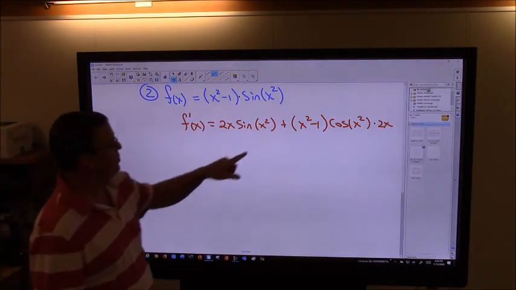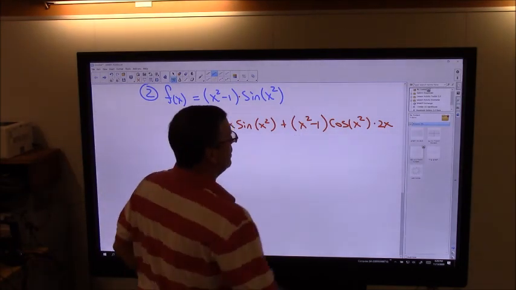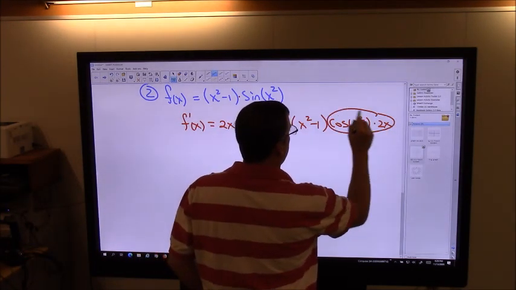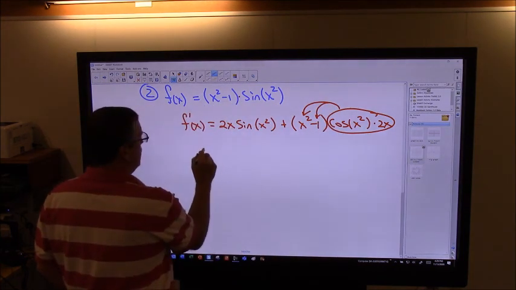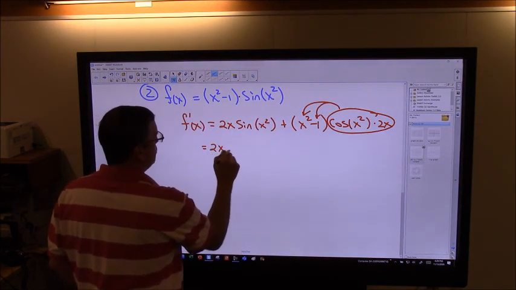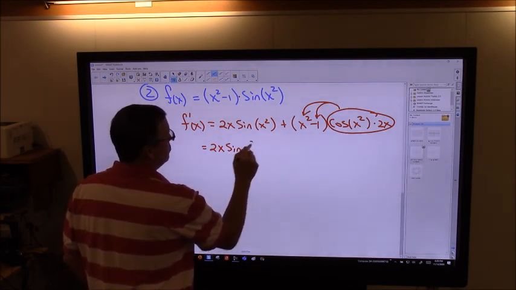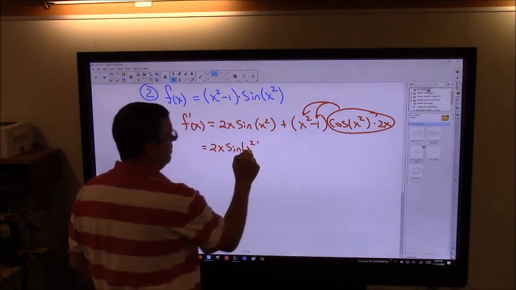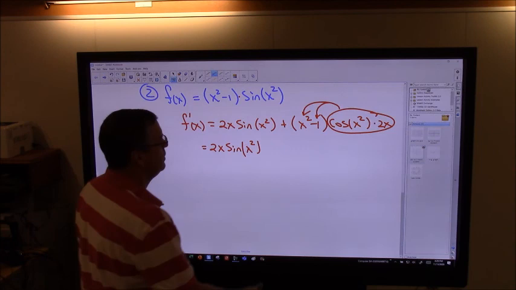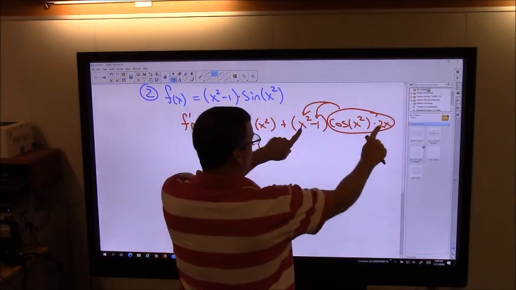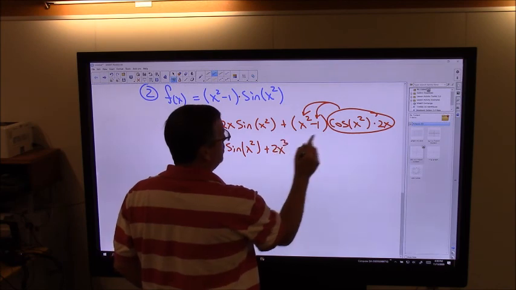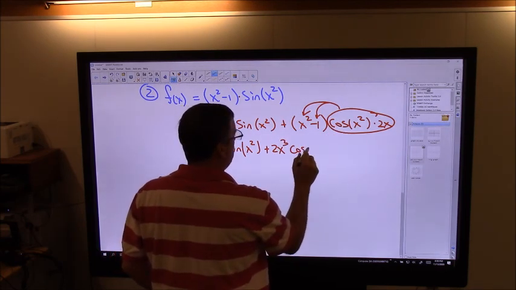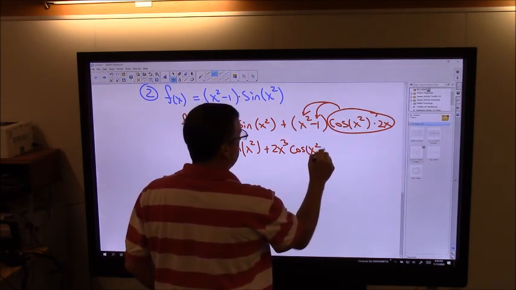And so I probably should at least distribute this times each of those. So that means my answer is going to be 2x sine of x squared. You can put that in parentheses if you want, but you don't have to. I'm going to take 2x times x squared and get 2x cubed times a cosine of x squared.